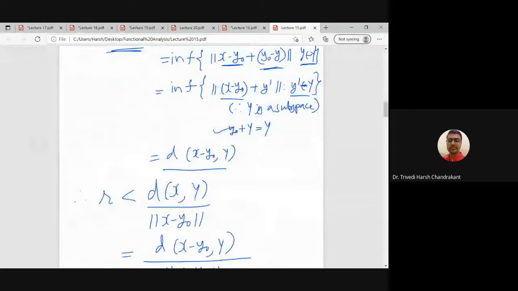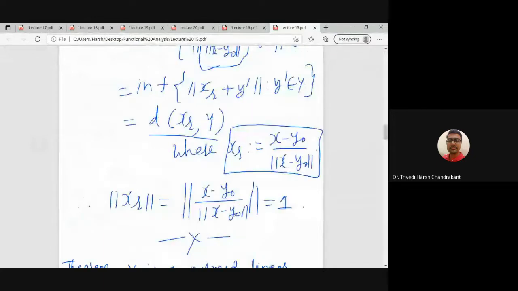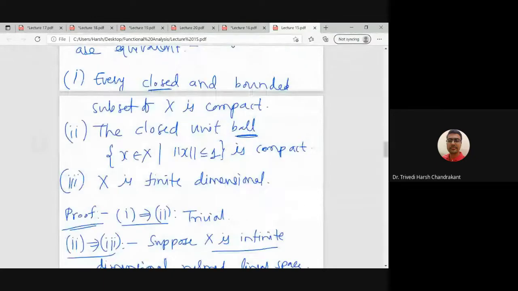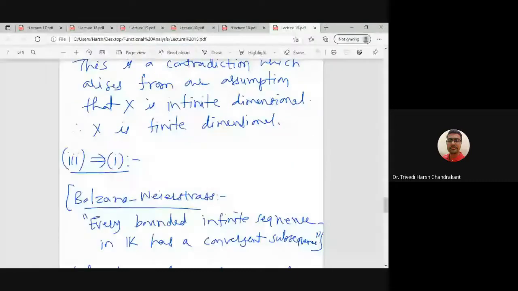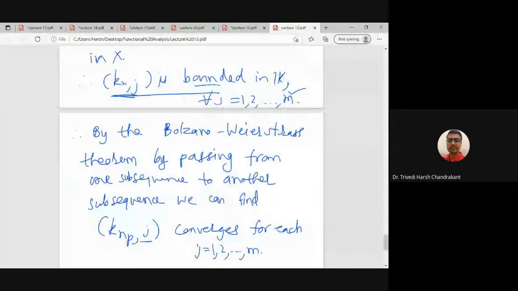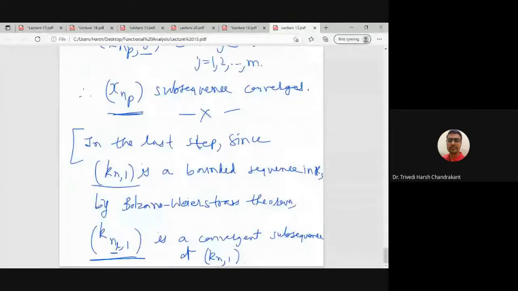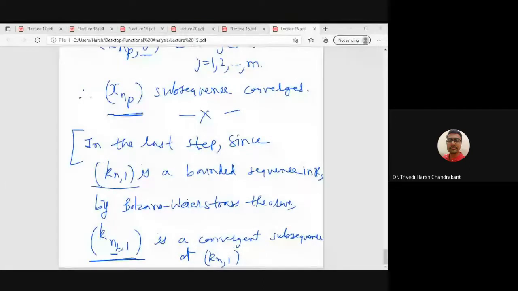We discussed that xn plus M converges to x plus M if and only if there exists a sequence yn such that xn plus yn converges to x plus y. Exactly which lecture number?